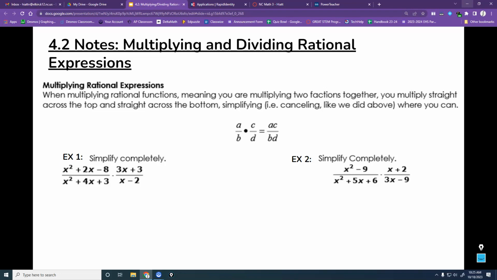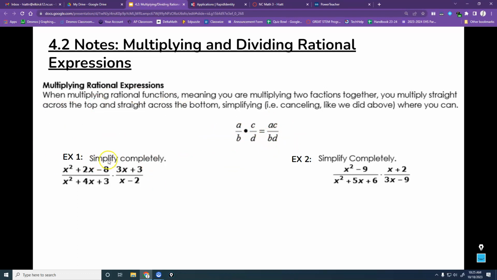Whenever we multiply, we did this on the warm-up by hand. I did it by hand specifically because this is what's coming up. If we multiply fractions, we just multiply straight across. So A over B times C over D is going to be AC over BD, straight across.